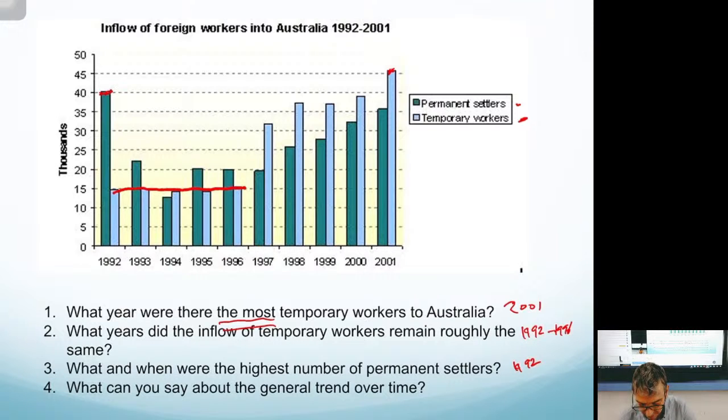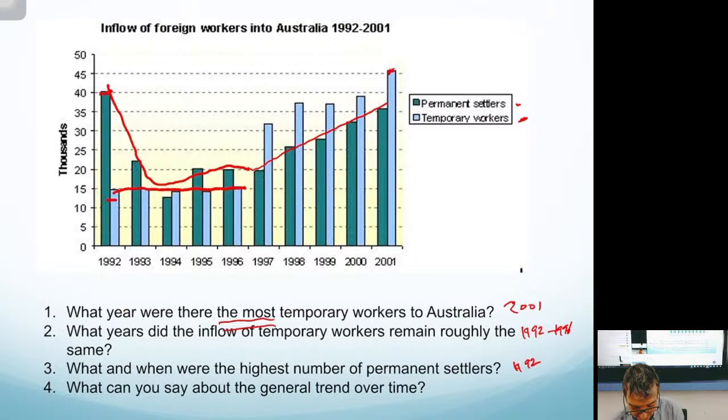Well, if we're just talking about the green, it starts high, then we can see there was a rapid drop, or it drops rapidly, I should say. Then it levels out a little bit, goes around, and then stays constant, and then goes up steadily again. So that's the trend for that one.